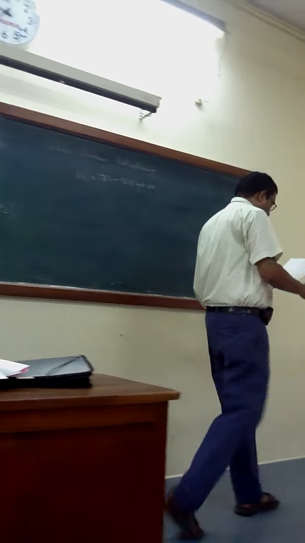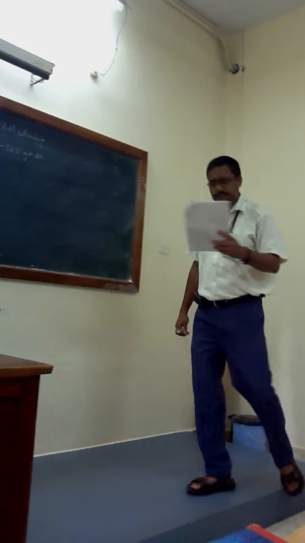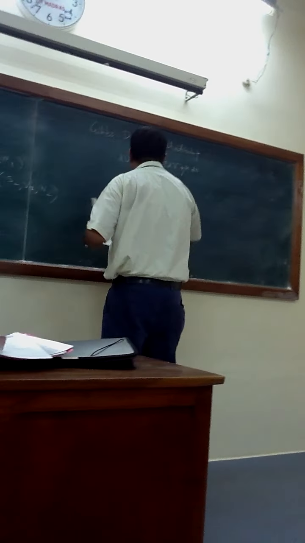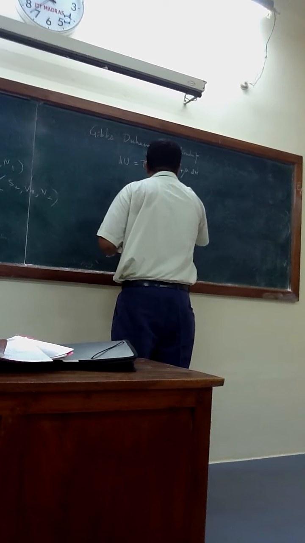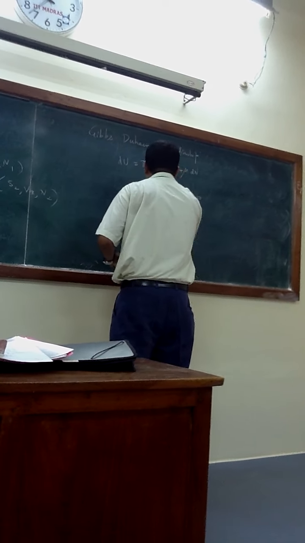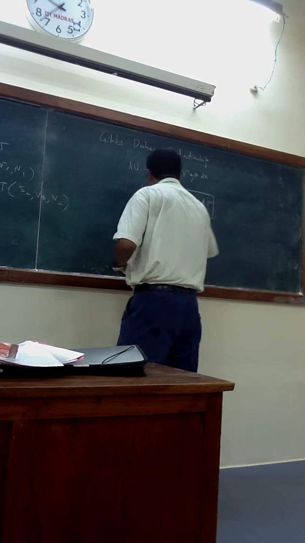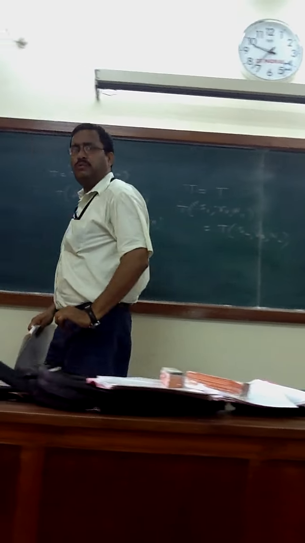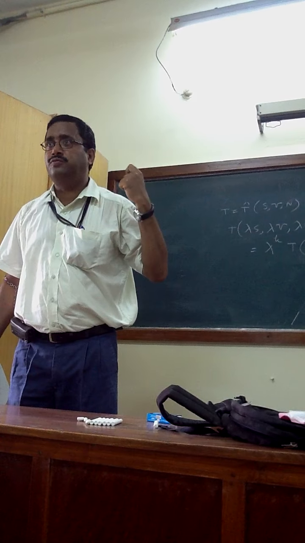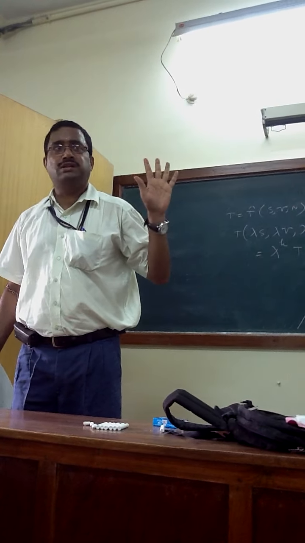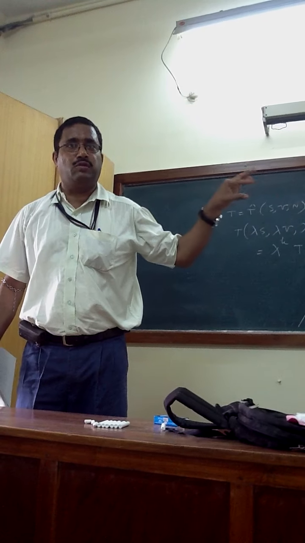And from here we have proved dG equals minus SdT plus VdP. Have you understood this proof? Do you need me to repeat? I don't think you want me to repeat. Do you want me to repeat this proof? Yes or no? Everything is clear. This proof is very clear. Nothing is there in calculus.